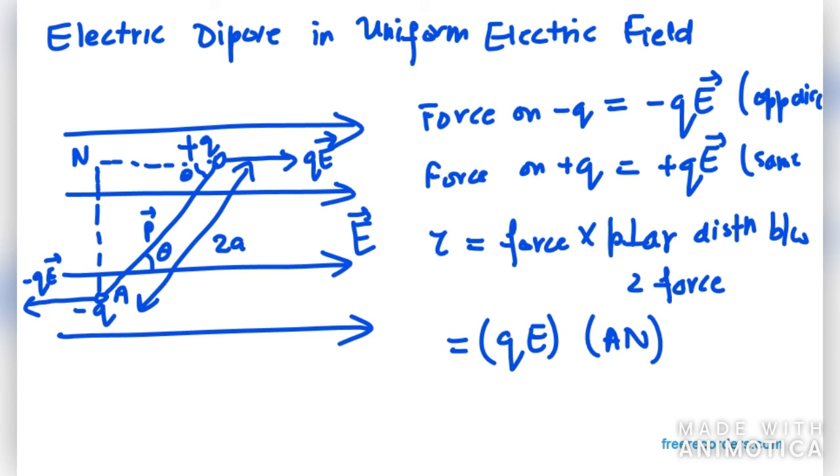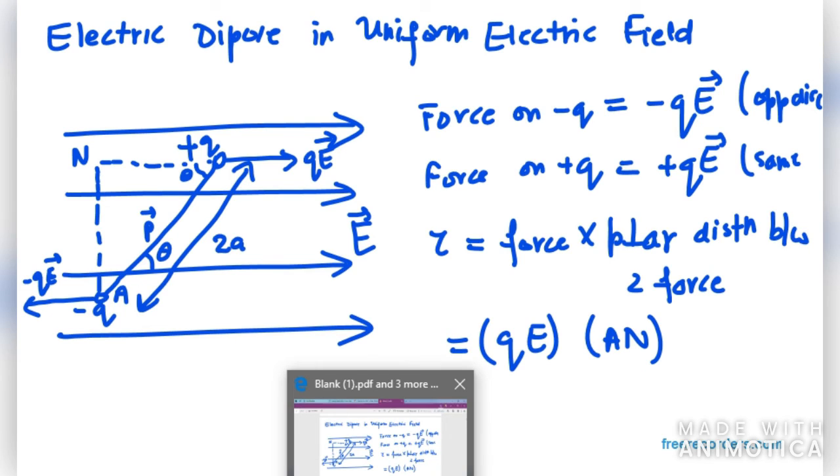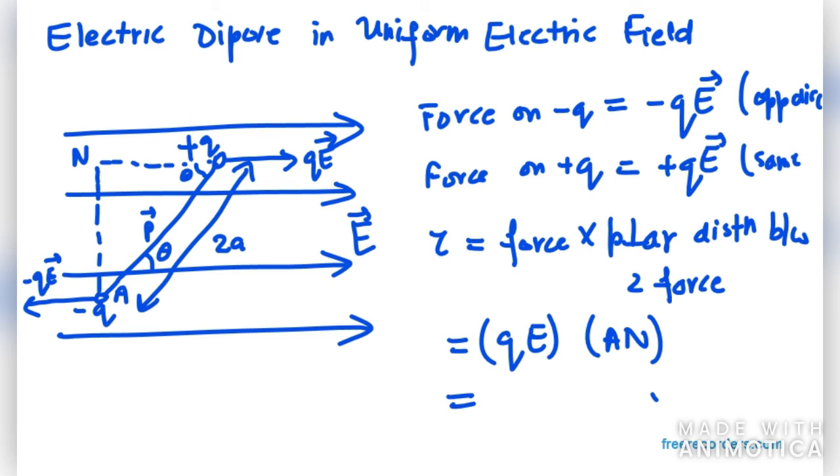Now we need to find the value for AN, which we find with the help of trigonometry. As it is 2A and this is theta, my AN will be 2A sine theta.